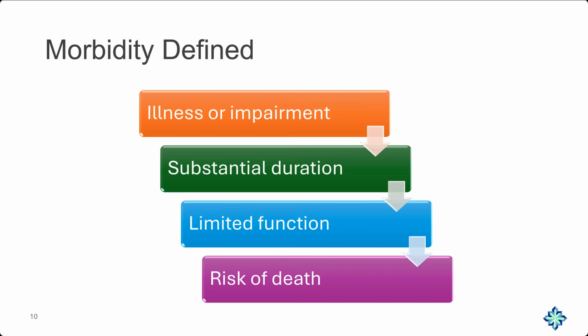There's a real risk of them experiencing this risk or this illness or impairment for a substantial amount of time. It's also something that will result in limited function and may result in the impairment of the patient's quality of life. Okay, and risk of death does come into this as well, but there are things that come into play prior to that.